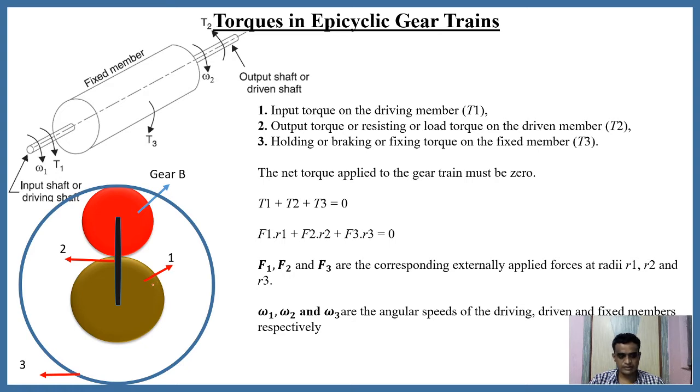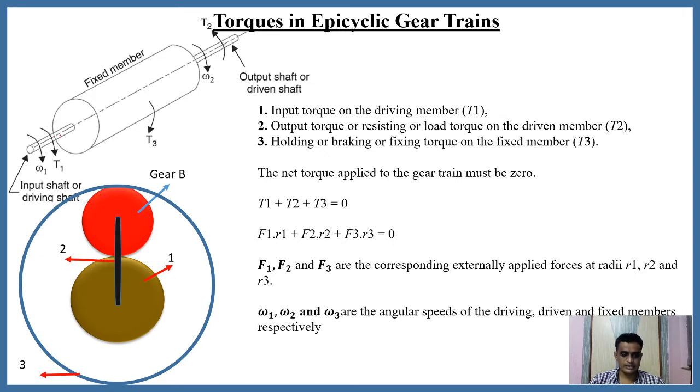The second shaft is connected to the arm, and one end of that arm is connected to the shaft coaxial to the sun gear, and the second end of that arm is connected to the planet gear B, and the third shaft is connected to the annular gear, which again meshes with the gear B.